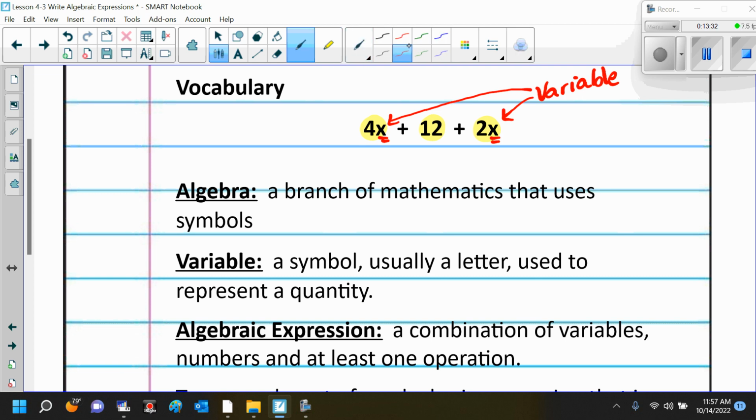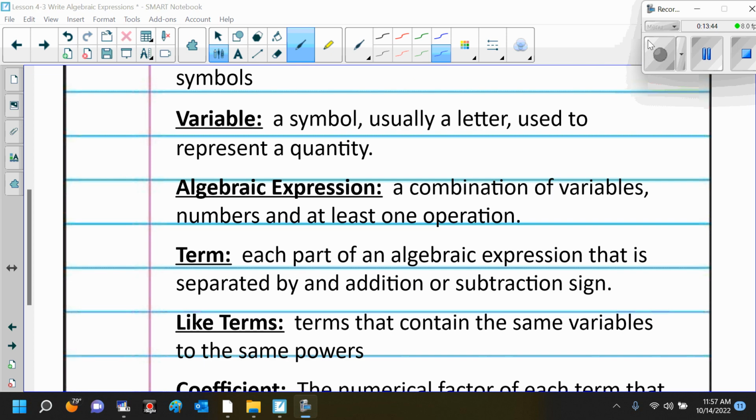Those are all terms. Like terms are terms that contain the same variables to the same power.